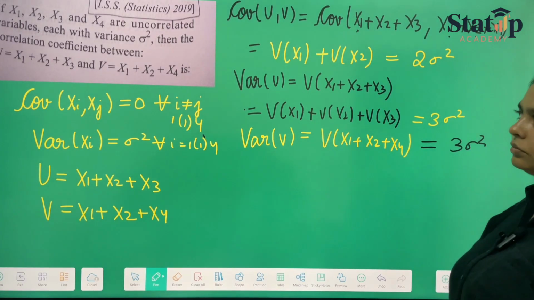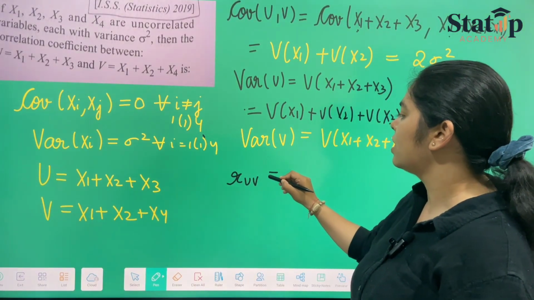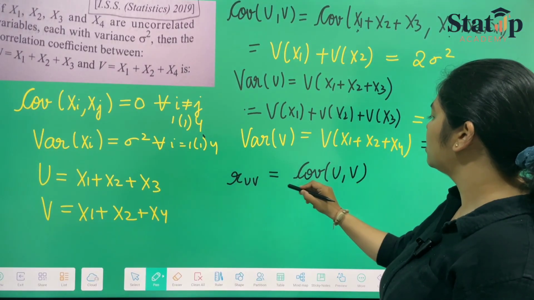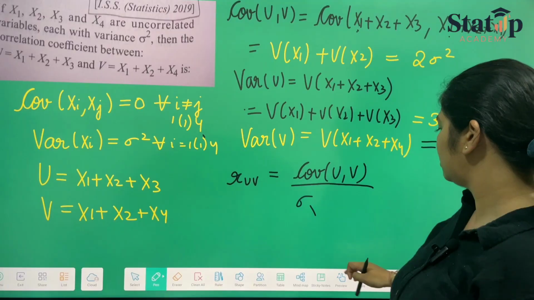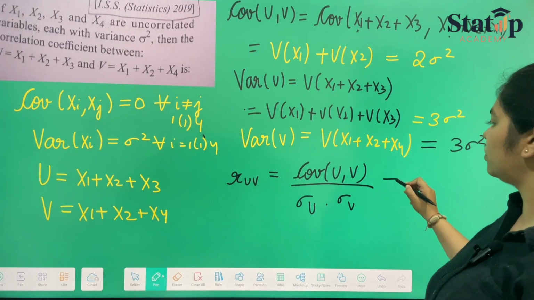Okay. Now what is the correlation coefficient between these u and v? It will be covariance between u and v upon standard deviation of u into standard deviation of v.